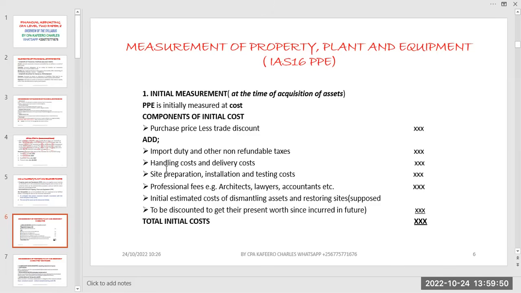Then the other one is we are supposed to incorporate any cost we've incurred that is directly attributable to the asset in its useful life.